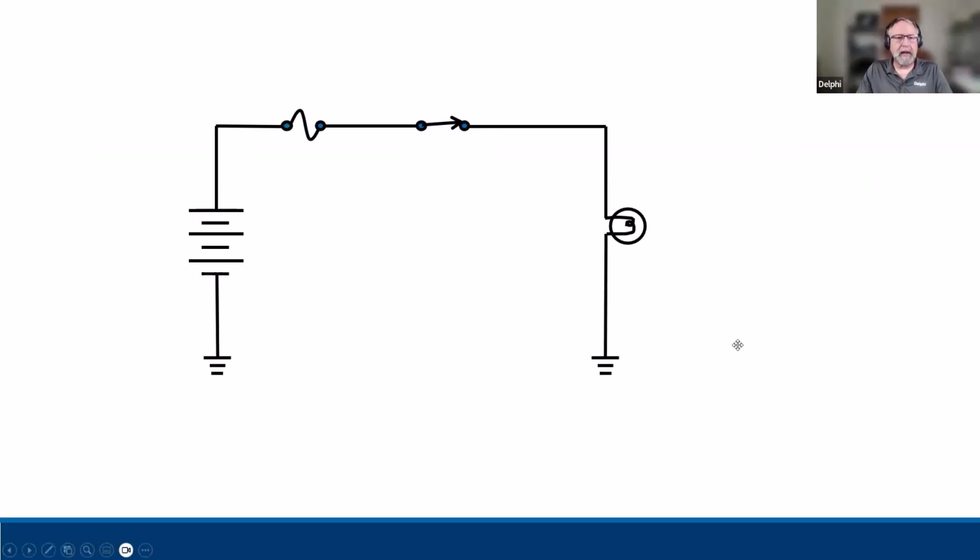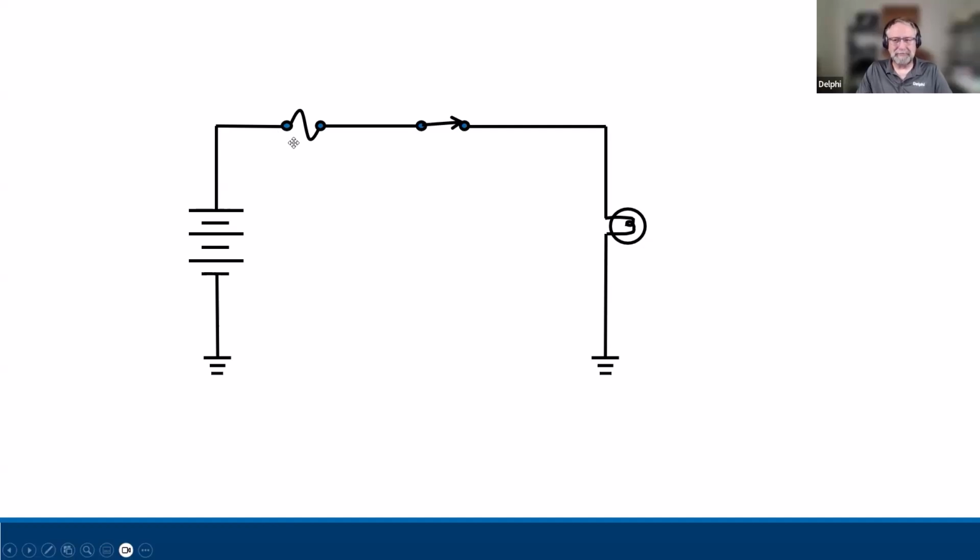Here we have a basic electrical circuit, and it has the primary components needed to make it functional, starting with a battery power source, feeding the positive lead into a fuse or circuit protection. I had a discussion in one of my classes not that long ago: is the circuit protection critical to the operation of the circuit?